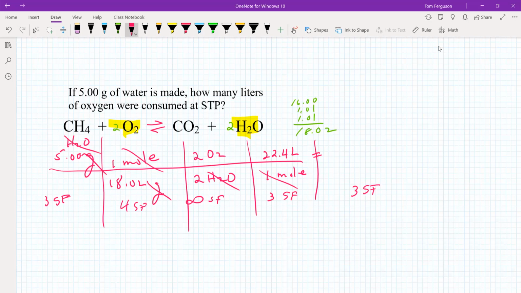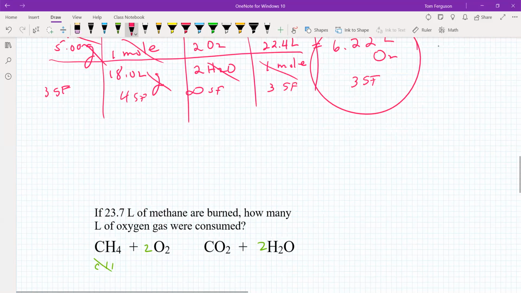Three parts again, 3 parts. Now I'm doing these examples purposely to show you how consistent every problem is.